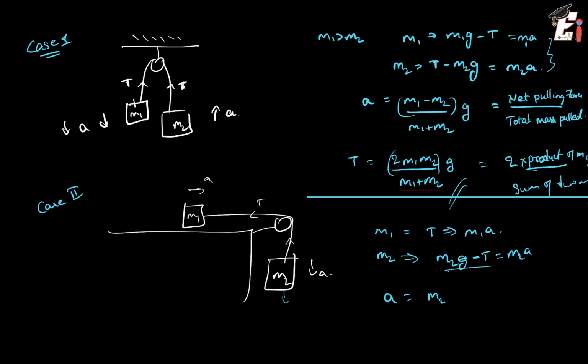Here the acceleration is going to be m2g divided by m1 plus m2. We are going to solve these two equations and find the value of a. We can substitute the value of t here.